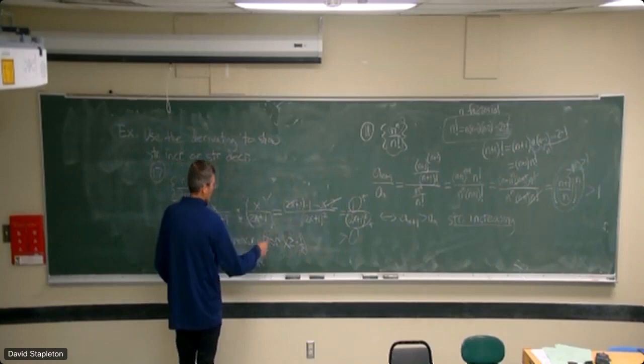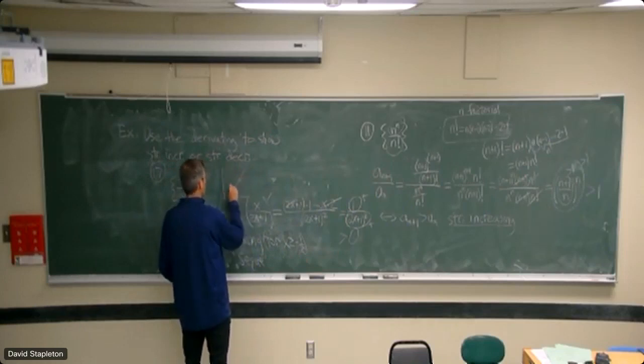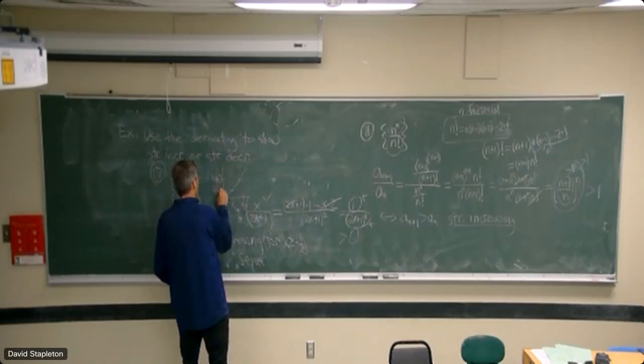The function's increasing by the definition. That's the trouble. That's why I don't like this definition. The function is increasing if for each x1 and x2, if x2 is greater than x1, then f of x2 is bigger than f of x1. So there it's actually going up.